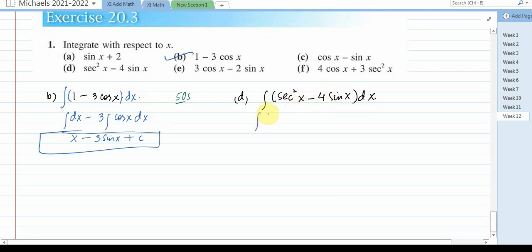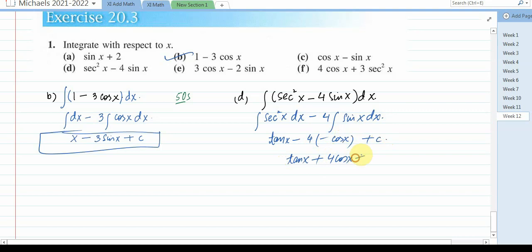So integral of sec square x dx minus 4 integral of sine x dx. So the integral of sec square x, it's tan x, minus integral of sine x, it's minus cos x and plus c. So now the final answer is tan x plus 4 cos x plus c.